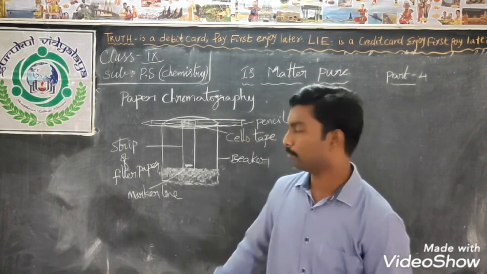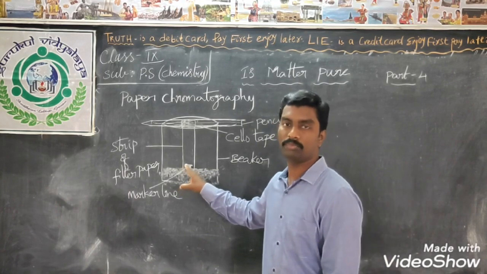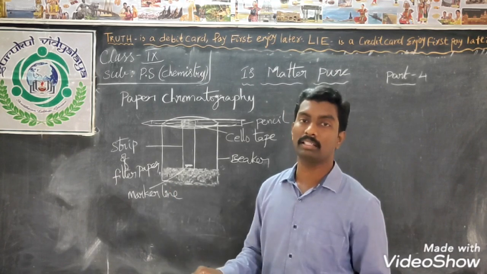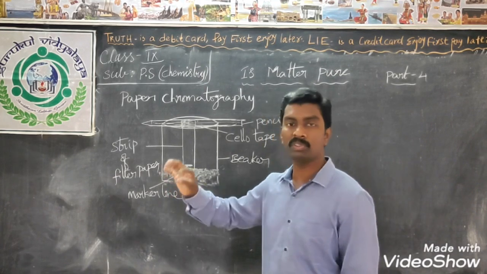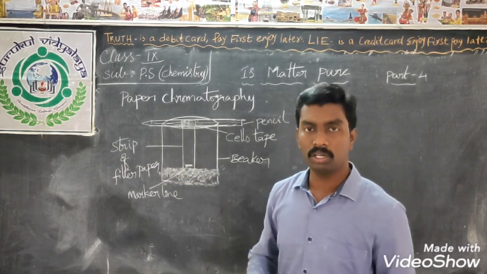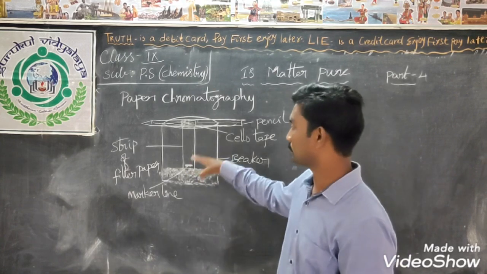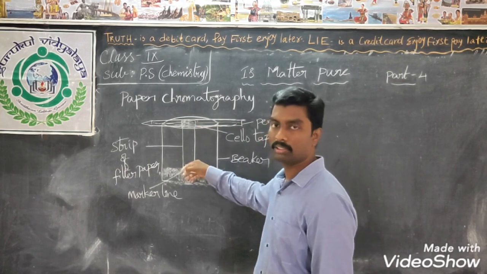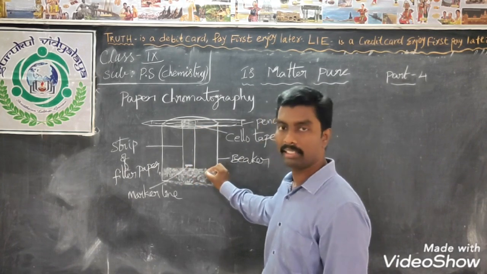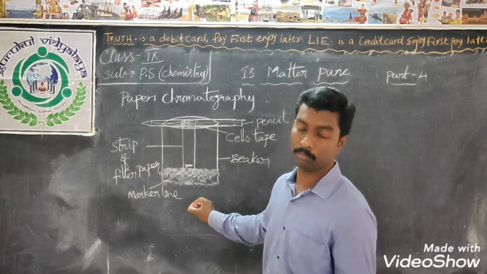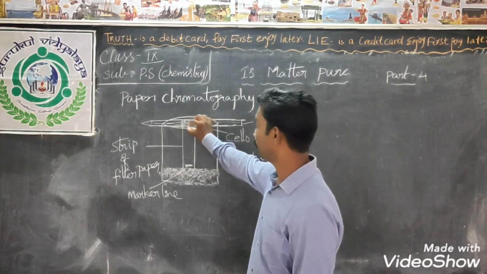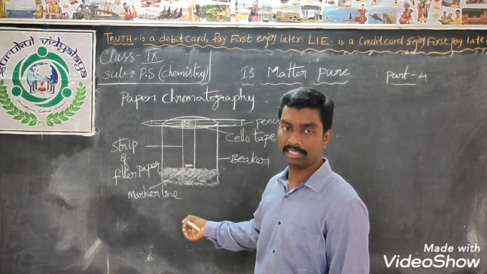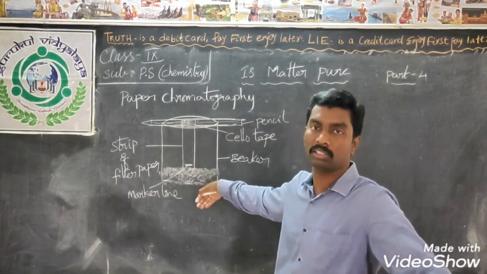Here we used a non-permanent marker, and the colors separate like that. Suppose you draw the marker line using a permanent marker. We can do the same process by keeping the beaker, adding water, and hanging one filter paper strip with the pencil so that the end of the paper strip dips into the water.